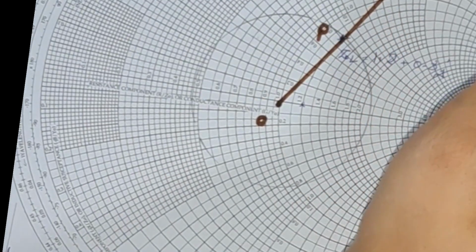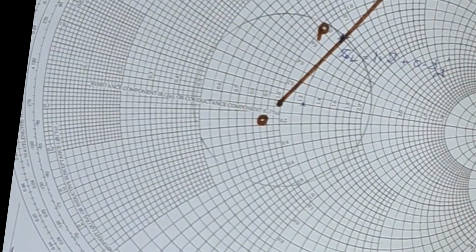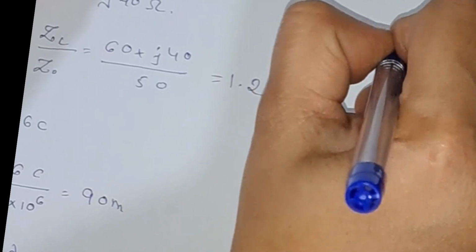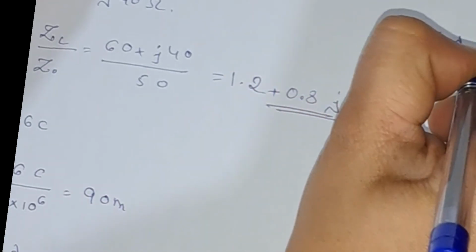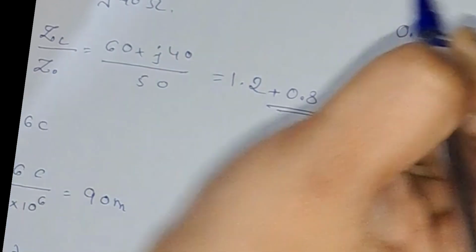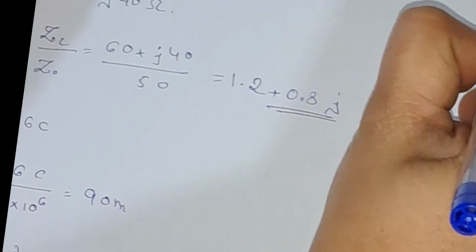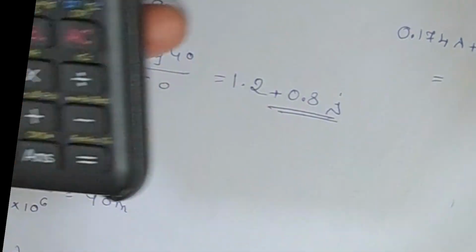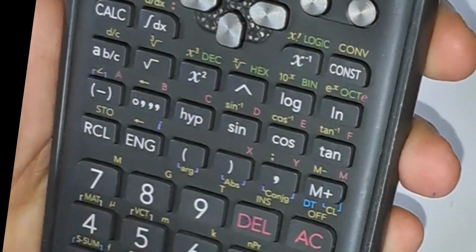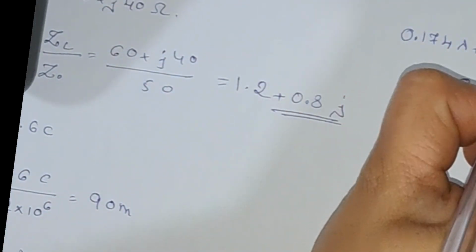Moving towards the generator, somewhere here, 0.174. That is where your load is, 0.174 lambda. Now I have to move from here 0.33 lambda to obtain the input impedance. 0.174 plus 0.33 is coming 0.504.